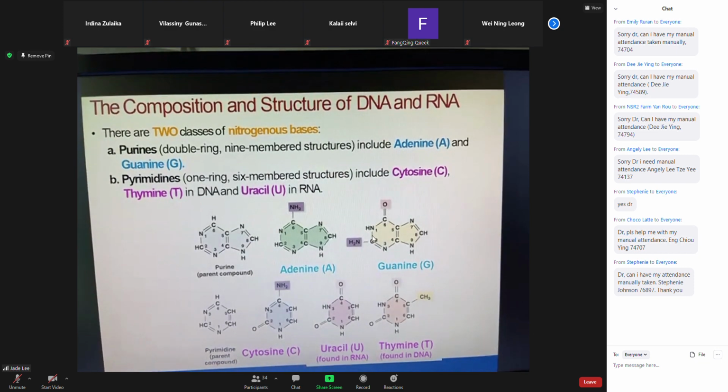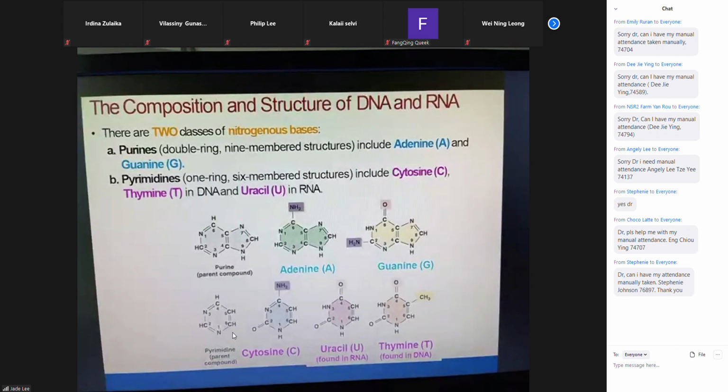So the major difference between purine and pyrimidine is that purine has a double ring, whereas pyrimidine has only 1 ring. Purine has 9 members, whereas pyrimidine has 6 members. Pyrimidines include cytosine, thymine, and also uracil in RNA.